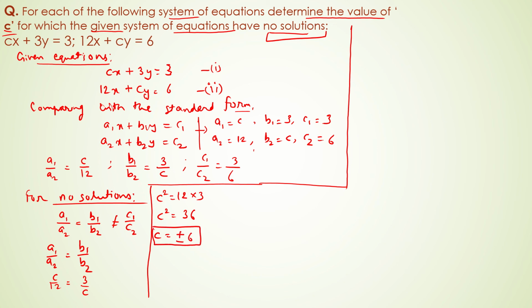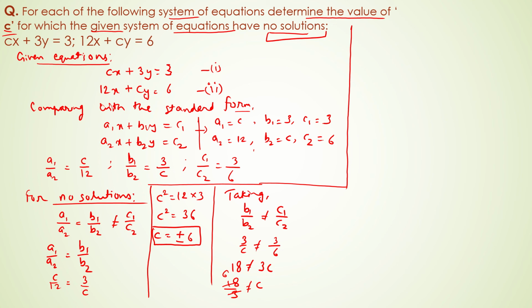Now taking the second condition, that is b1 by b2 is not equal to c1 by c2. That means 3 by c is not equal to 3 by 6. So we get 18 not equal to 3c, that means c is not equal to 18 by 3, that means 6.